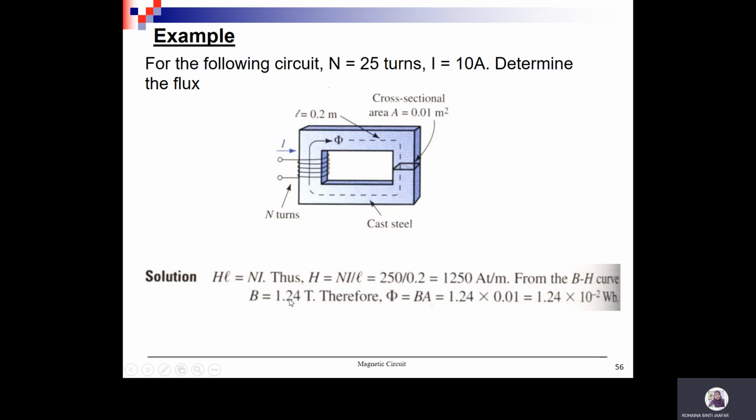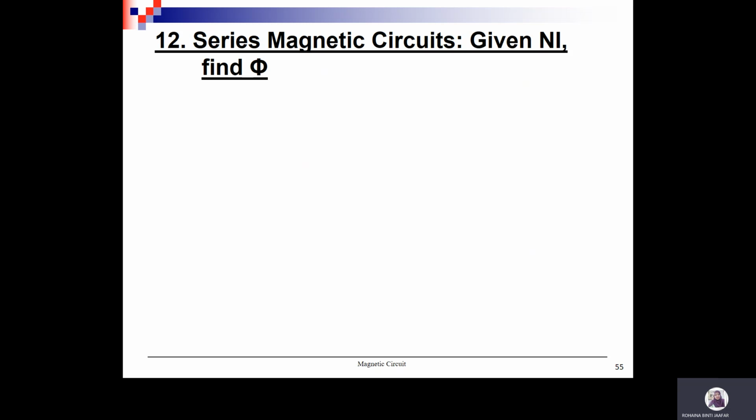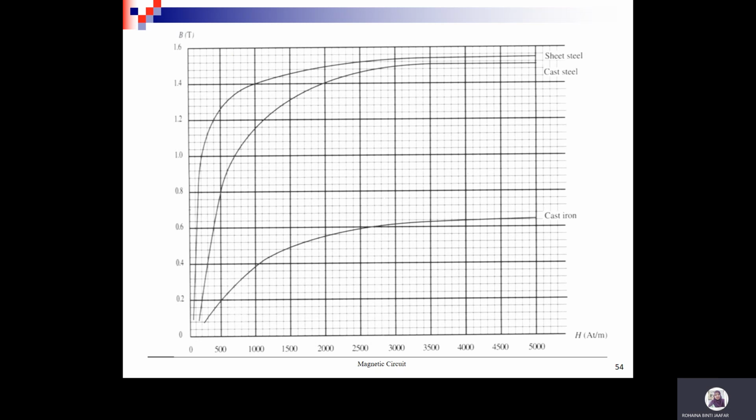From the BH curve, this is opposite from before, now you already have the H. So from the BH curve, your H is 1250, around here, and your material is cast steel.